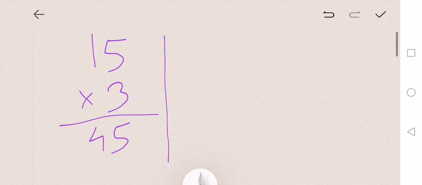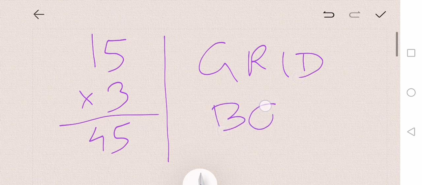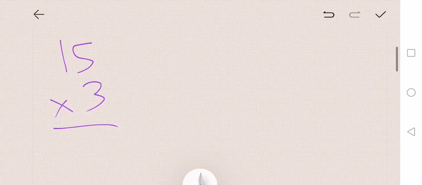But if your school is asking you to do it in a grid or box way, it's called the grid or box way to do multiply. Okay, so how to do that? Let's find out. If your teacher is asking you to do 15 times 3, they will ask you to use the nearest 10.